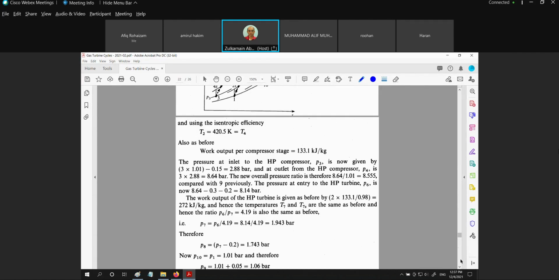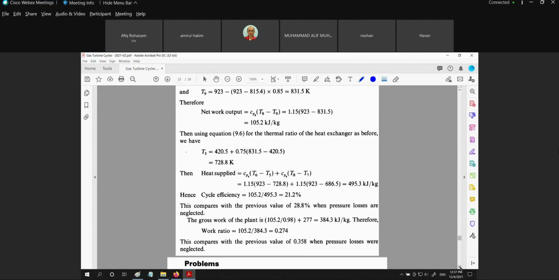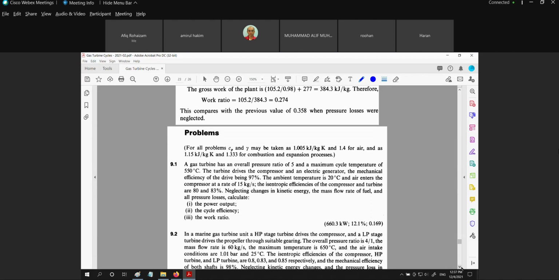This is our problem. The first problem, 9.1, I think is a very simple one, but it incorporates the mechanical efficiency. Let us have a run through the question first.